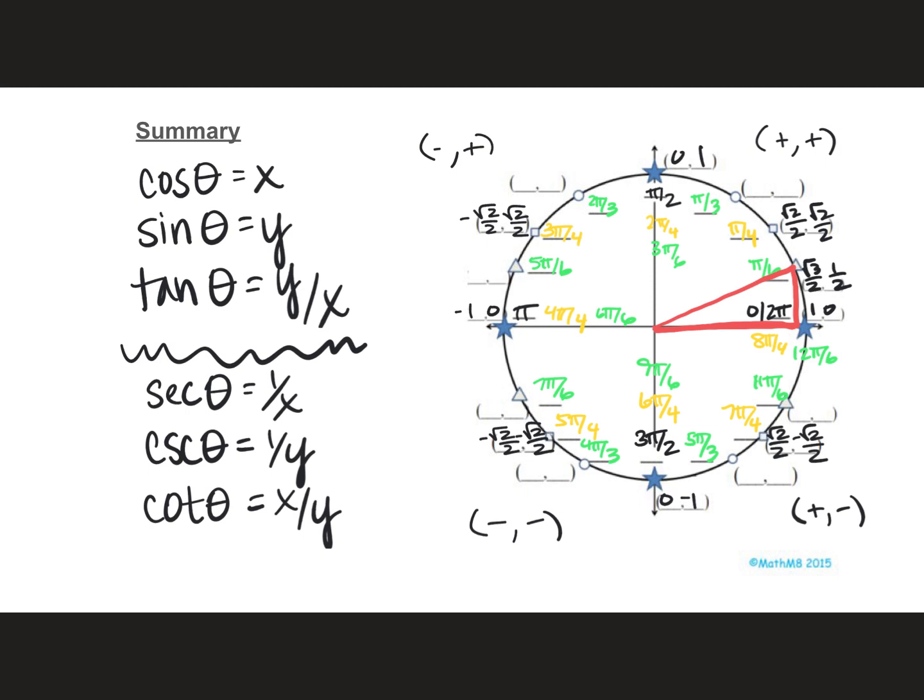So that's going to be all of the sixths. All of the thirds are going to be flip-flopped. So on the thirds, x is short, so 1/2 is first, and radical 3 over 2 is second. And again, reflecting them to their other quadrants and taking care of the signs as we go.